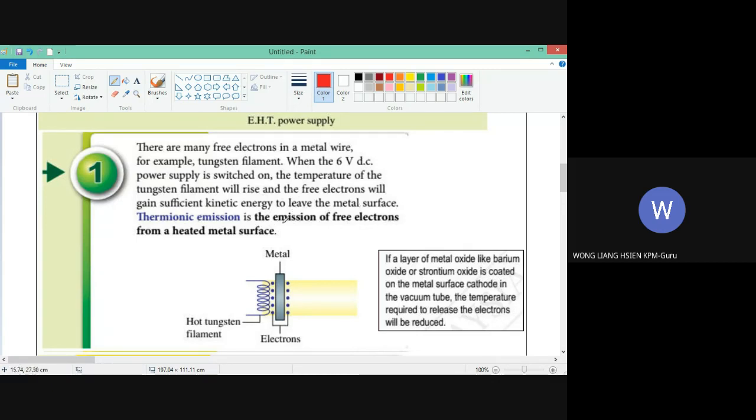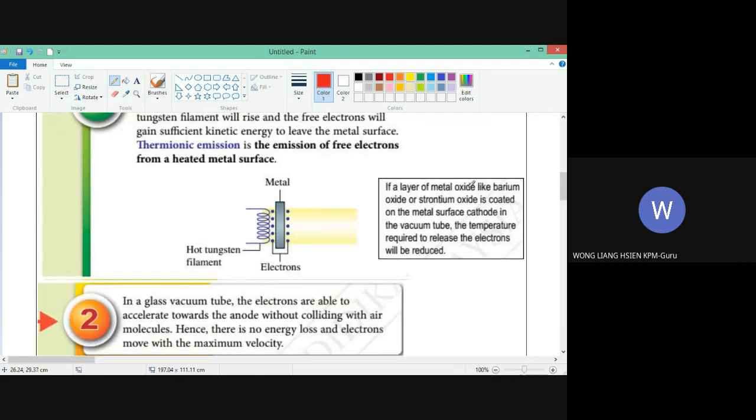So thermionic emission is the emission of free electrons from a heated metal surface. If a layer of metal oxide like barium oxide or strontium oxide is coated on the metal surface kept in the vacuum tube, the temperature required to release the electrons will be reduced. Actually this is not very important, it is like extra knowledge.